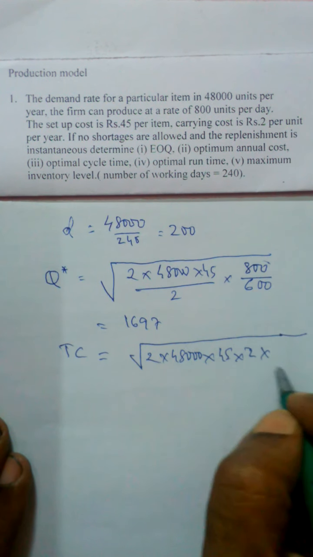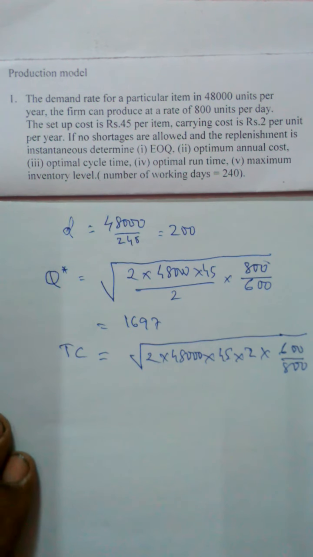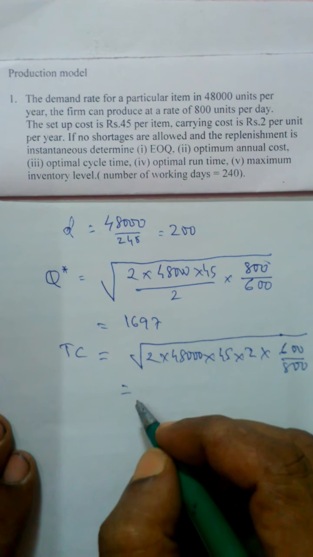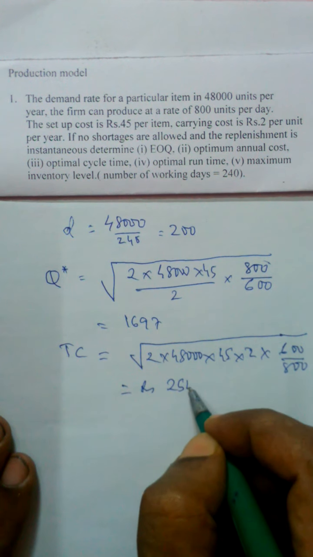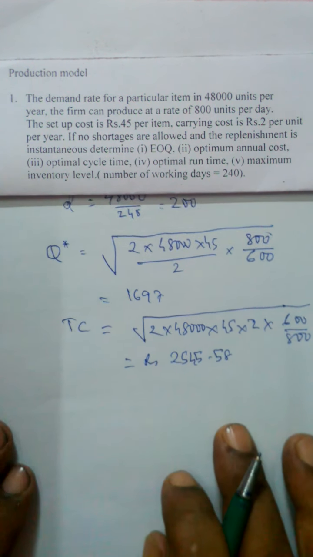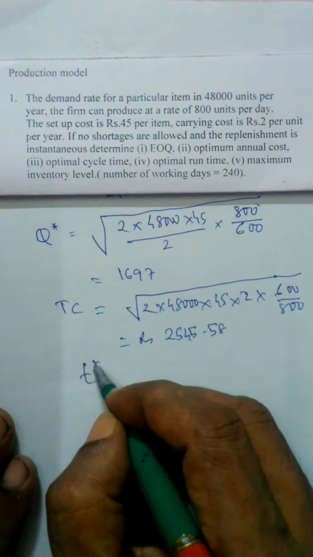Remember, in this case it will be reversed, that means 600 by 800. The reason is that the formula is P minus D by P. Now calculate, and it comes to 2,545.58 rupees.